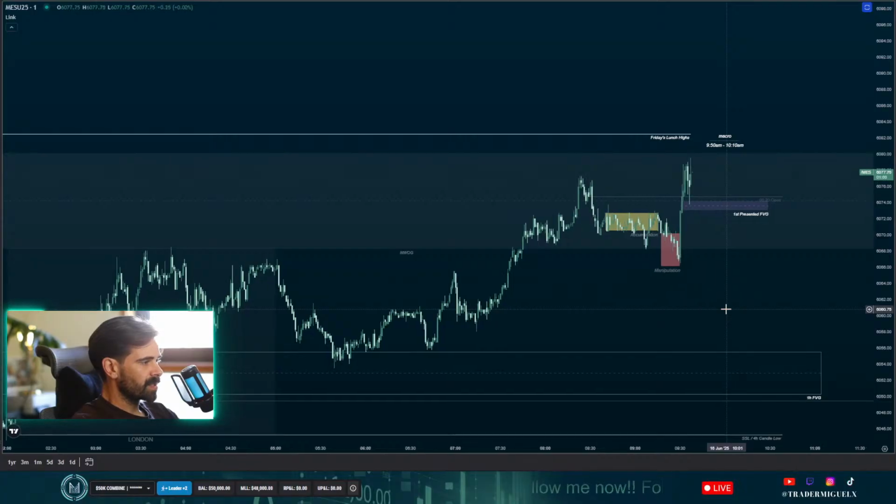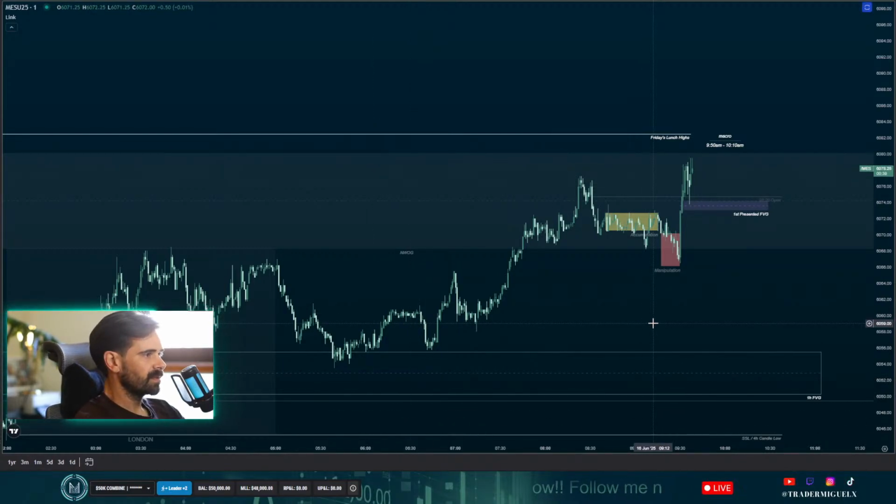So yeah, let's wait a bit more and see if price really wants to continue and reach for higher targets, or if it's just a manipulation to the downside to keep us to the downside. But I'm not that convinced about a bearish bias for today's action.